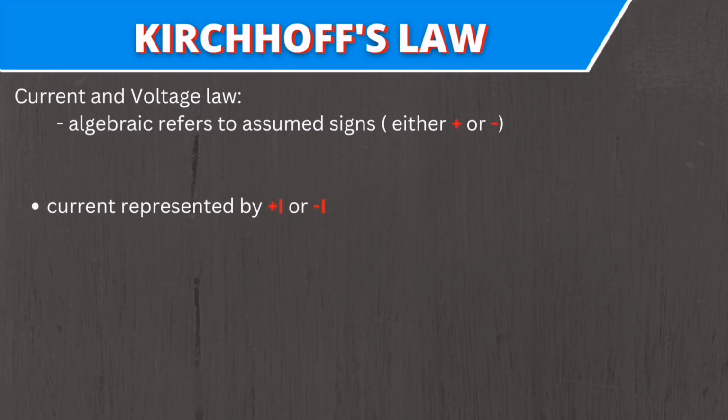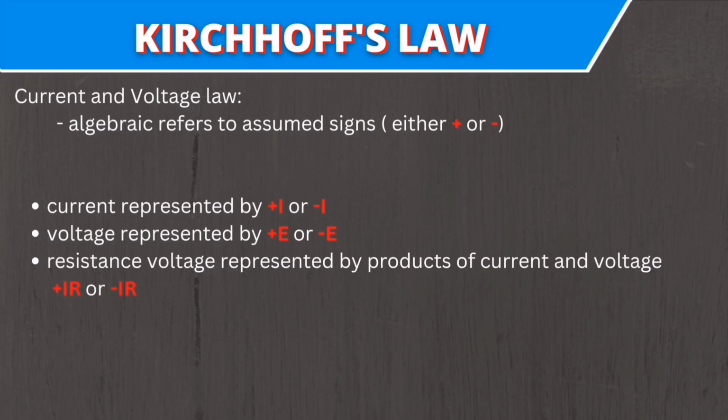We have the current represented by positive I or negative I. The voltages or sources of EMFs like generators or batteries represented by positive E or negative E. And the resistance voltages involving the products of current and resistance represented by positive I times R or negative I times R.